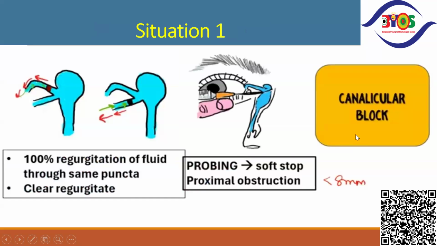In situation 1, when there is 100% regurgitation of the fluid through the same puncta and the fluid is clear, then upon probing we will find a soft stop, a proximal obstruction. The probe will not go past the 8 millimeter barrier, which is the distal obstruction part. Then the blockage is a common canalicular block.